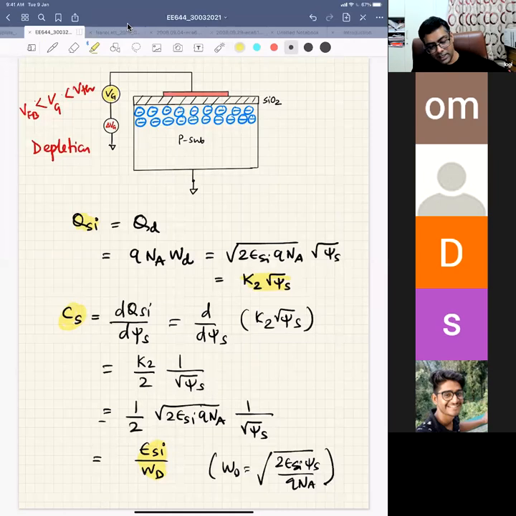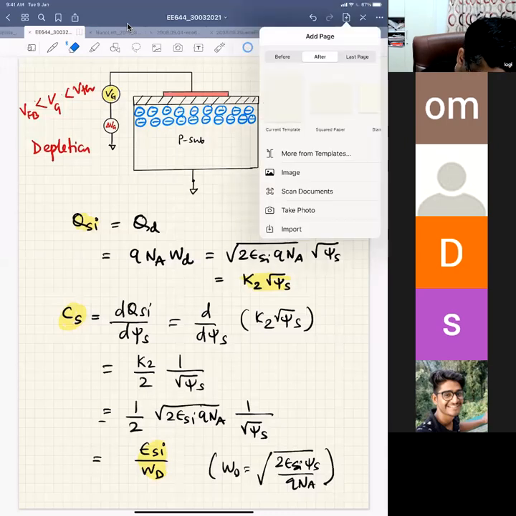So what is happening? Let's say I bias somewhere between VFB and VTH, and I'm perturbing the gate. If I'm perturbing the gate, my WD is changing, my depletion width is changing, and this capacitance is simply the depletion capacitance.